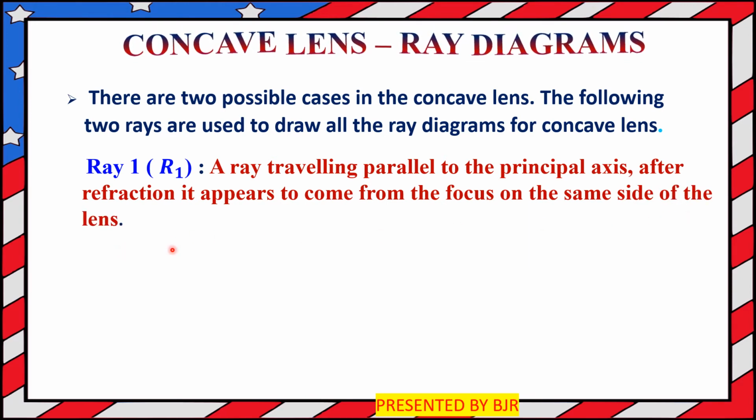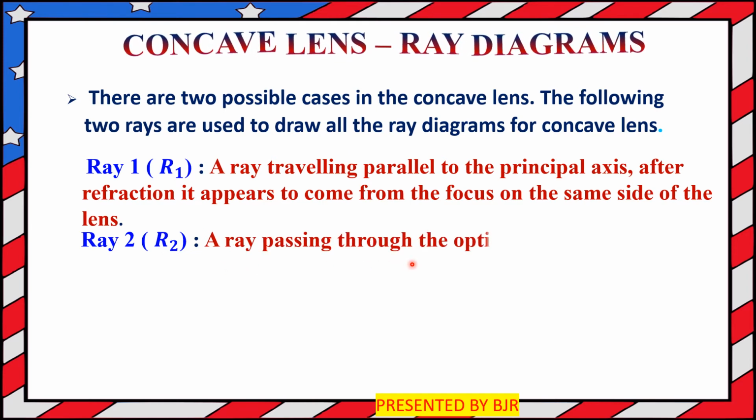This is the first ray I am going to use. And ray 2. A ray passing through the optic center is undeviated. So these are the two rays that I am going to use in order to draw the ray diagrams for concave lens.